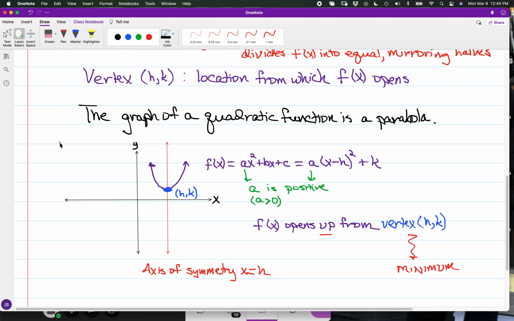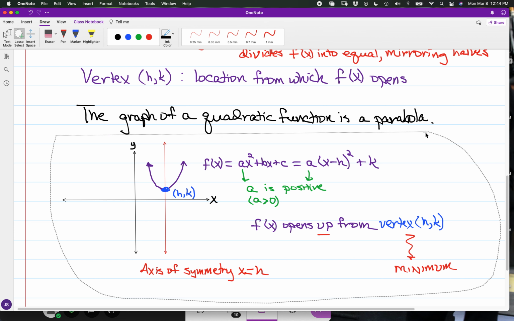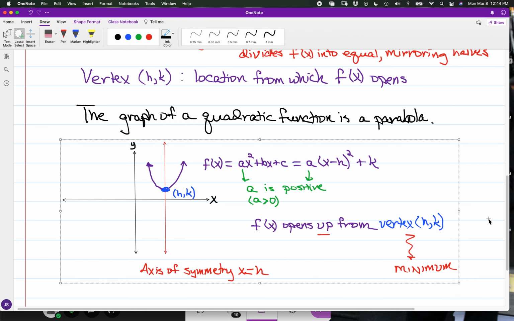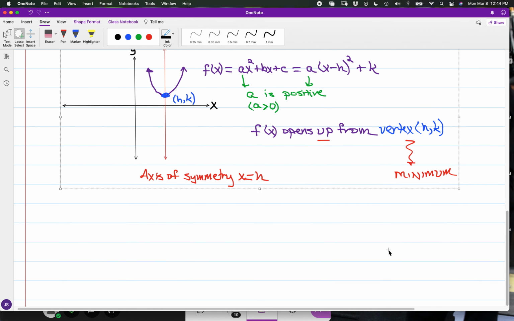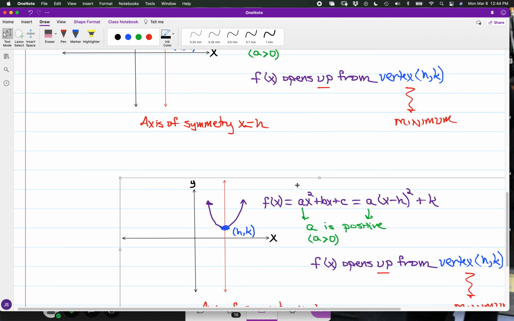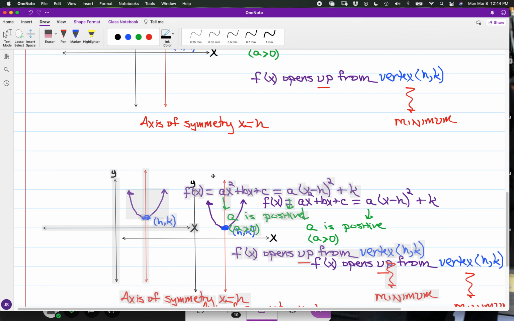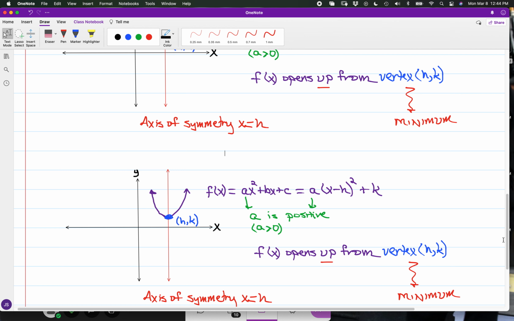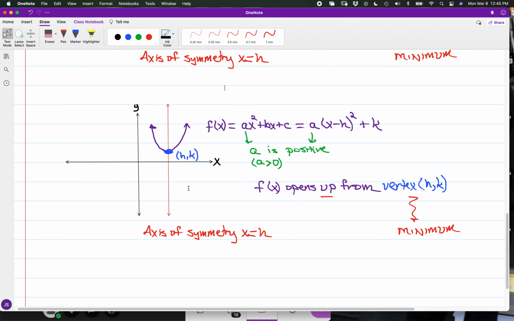Okay, now let's say that in our other scenario, we're still going to have (h, k) and the axis of symmetry.